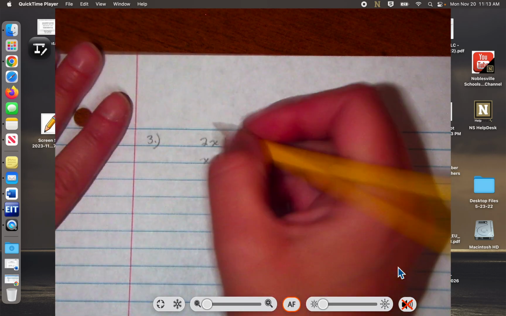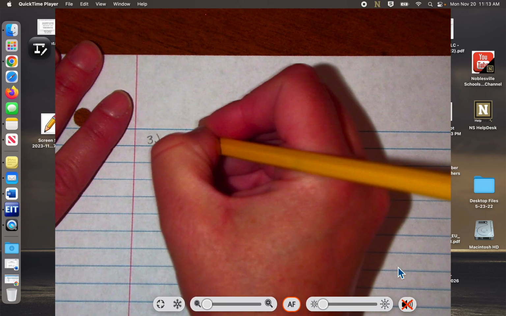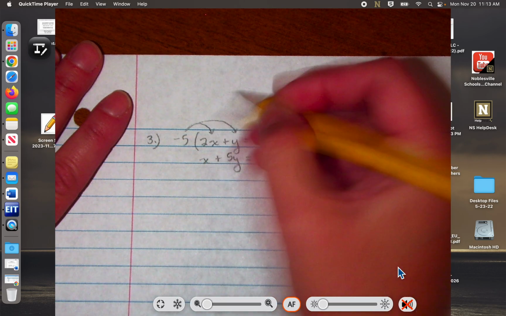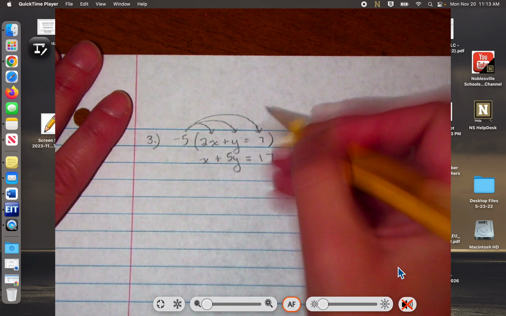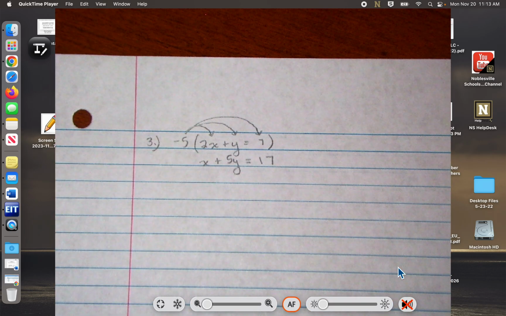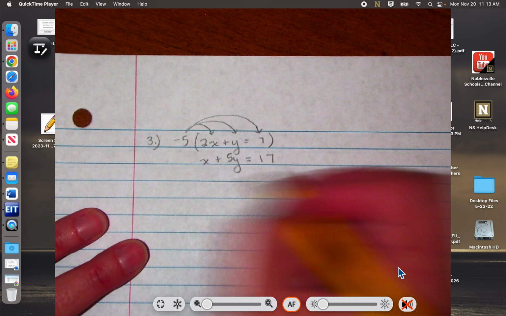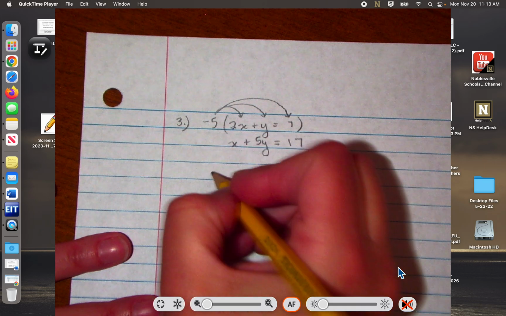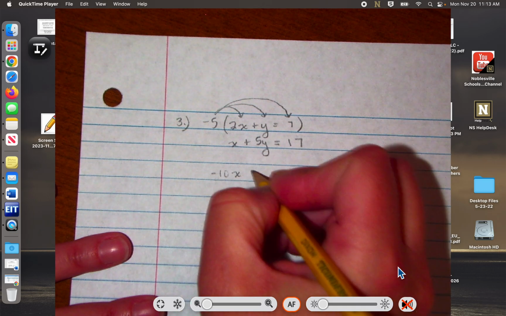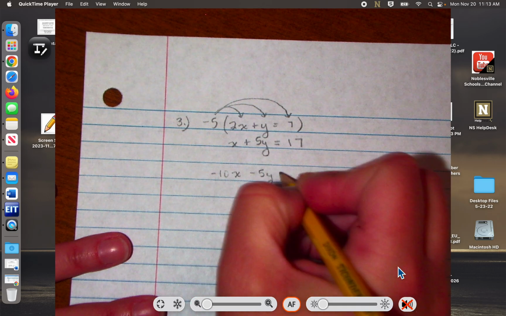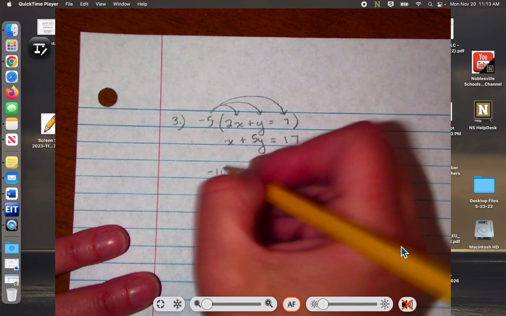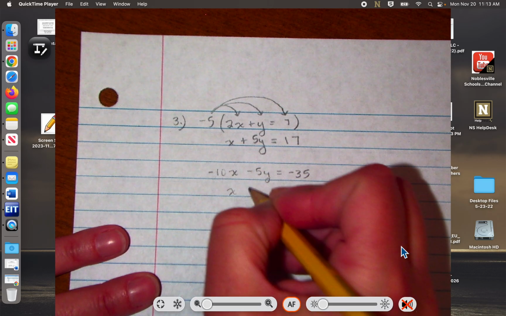Okay, so I'm going to take this whole equation and I'm going to distribute negative 5. This will force me to cancel out the y's. So I'm going to end up with negative 10x minus 5y equals negative 35. And then the bottom equation will stay the same.